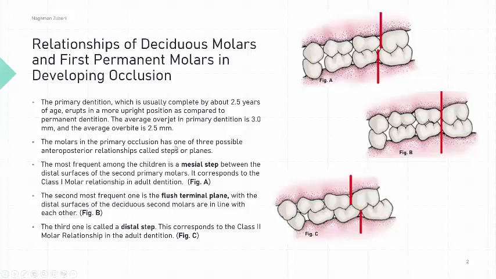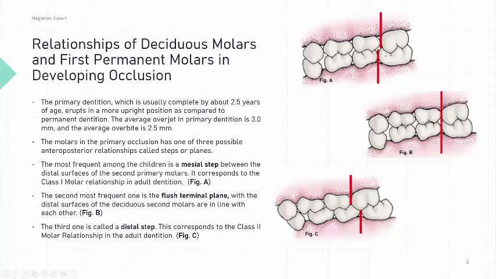Molars in the primary occlusion can have one of three possibilities. The most frequent among children is the mesial step between the distal surfaces of the second primary molars. It corresponds to the class 1 molar relationship in adult dentition.